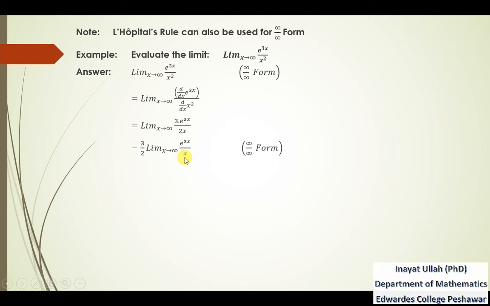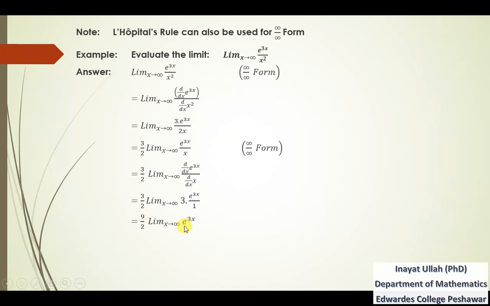So what should we do? We need to find the derivative of the numerator and the derivative of the denominator. So that is the derivative of the numerator, and this is the derivative of the denominator. Now the derivative of e power 3x is again 3 into e power 3x, and the derivative of x is 1. Writing this 3 outside, 3 3s are 9, so that is 9 by 2 times e power 3x.